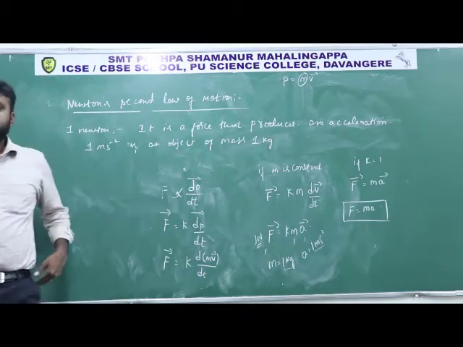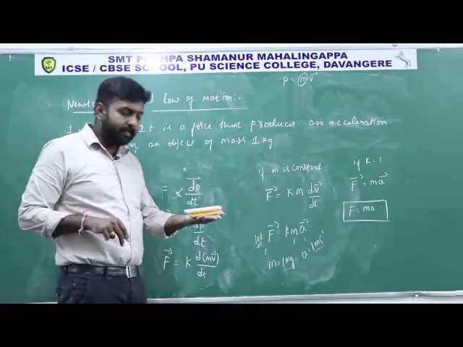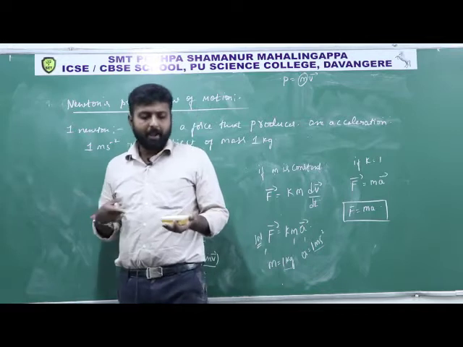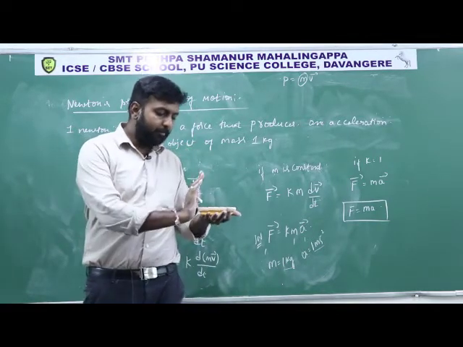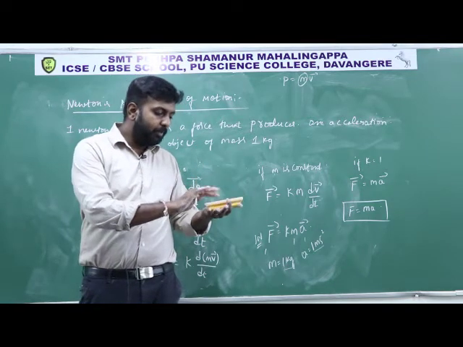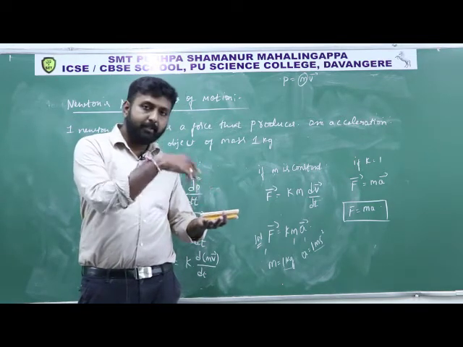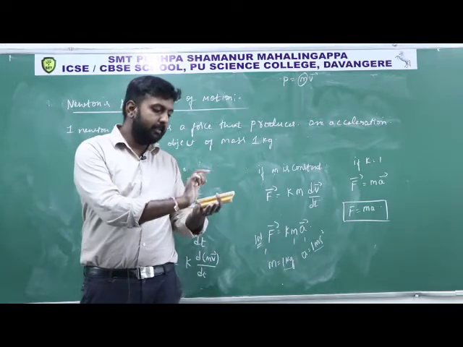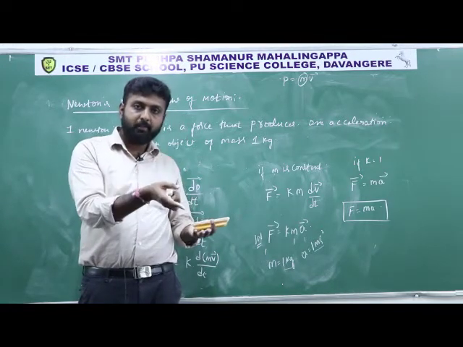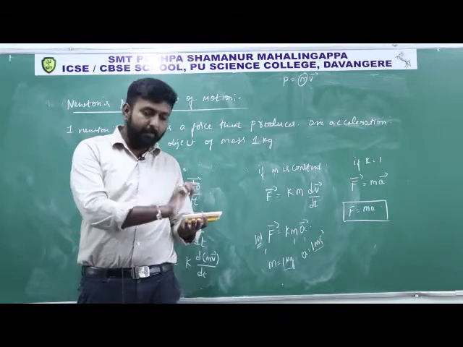Let us say this is an object having mass 1 kg. Now I am applying some force. Because of that force, the acceleration in this object is 1 meter per second square. For 1 kg mass, the acceleration produced is 1 meter per second square. For that, what force am I applying?